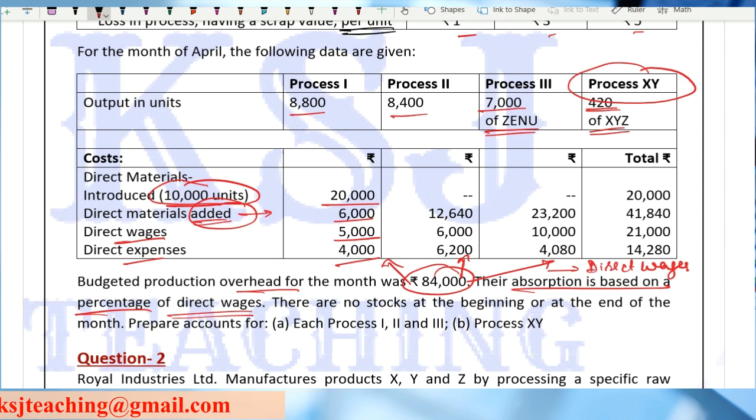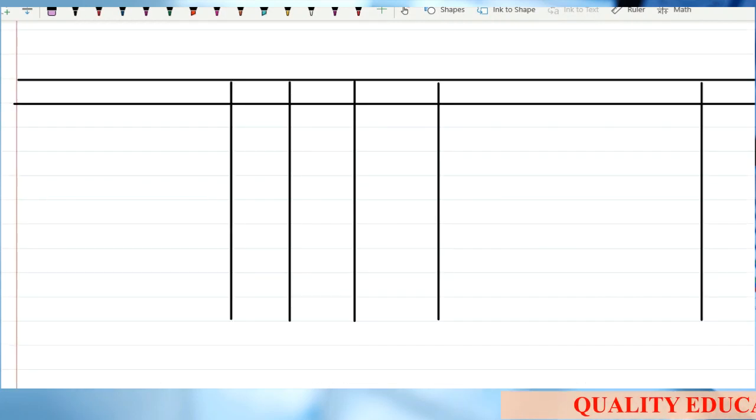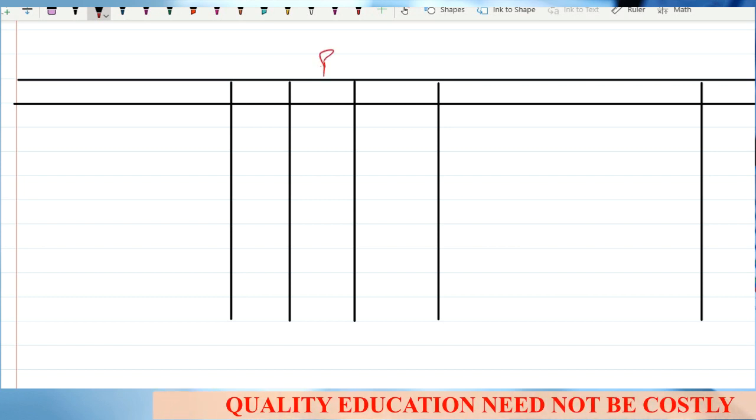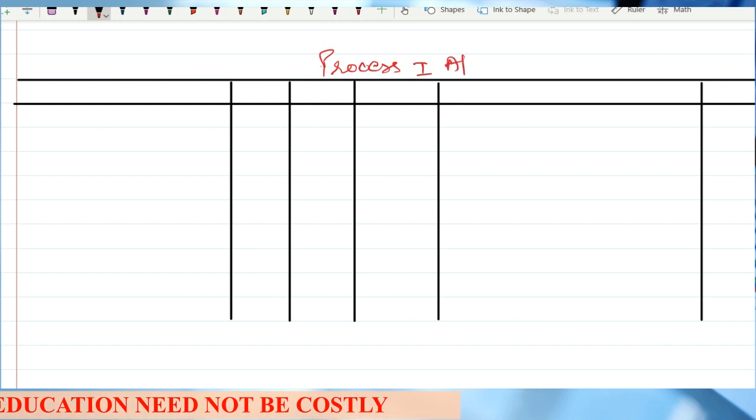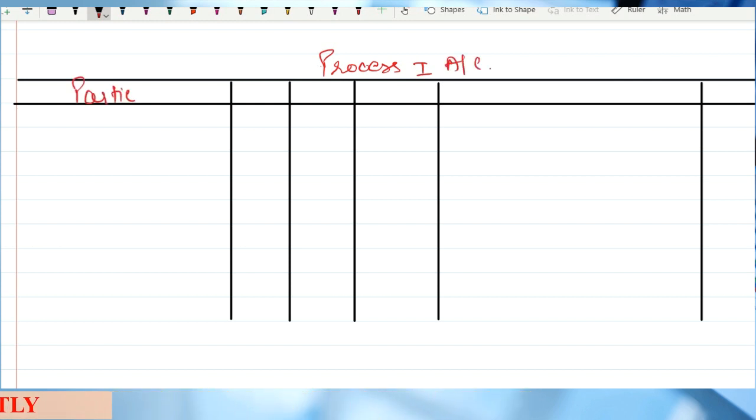Right? So let's start with preparing the process accounts. Okay, sir, let's start. So we'll start with the first one, that is process 1 account. Particulars, units, rate and amount.